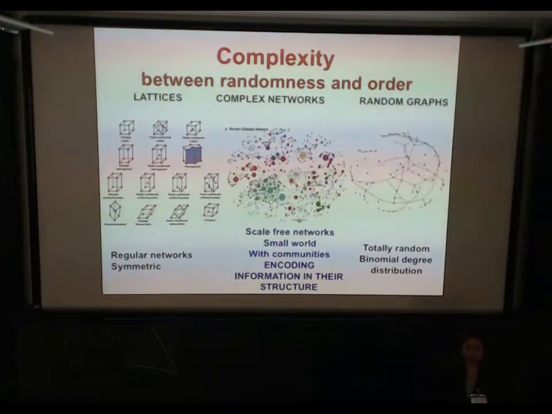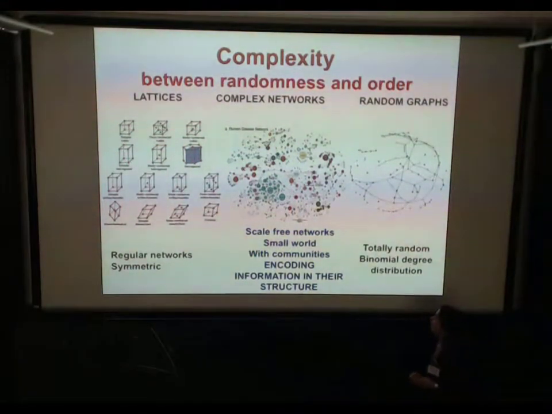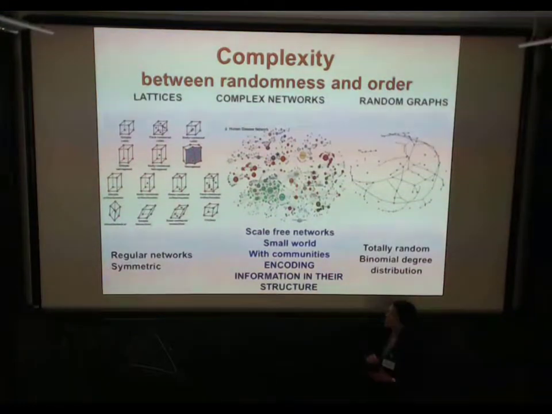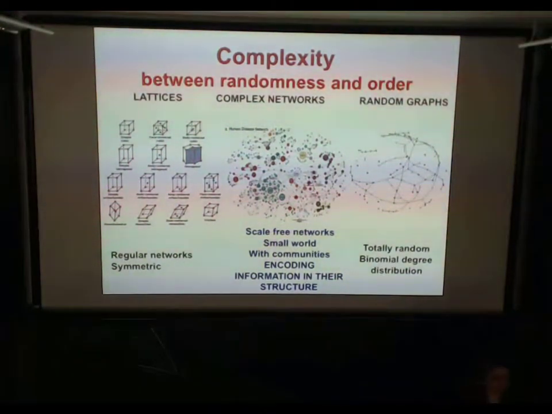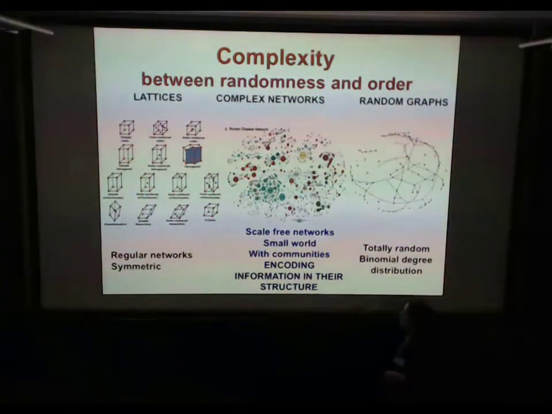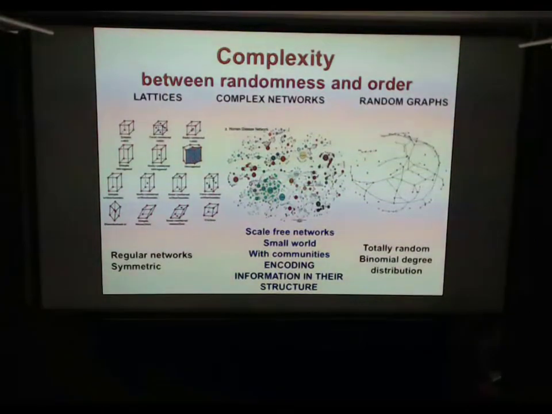In some sense, one can say that they have an infinite Hausdorff dimension. They have communities, so regions of the network which are more densely connected than other regions, and they also have this scale-free distribution, on which I will focus mostly because we have limited time.